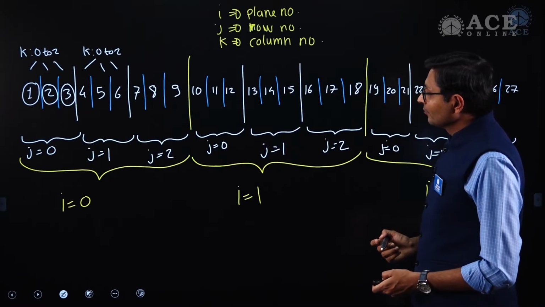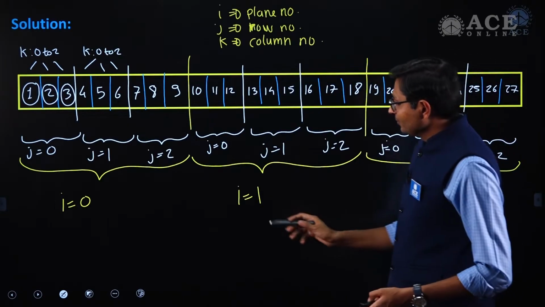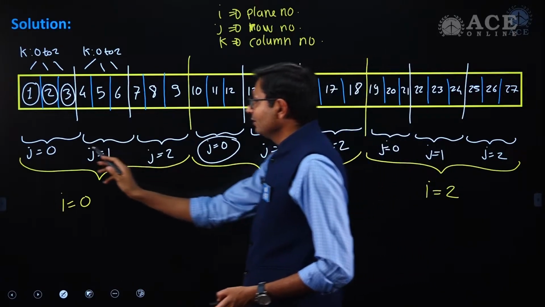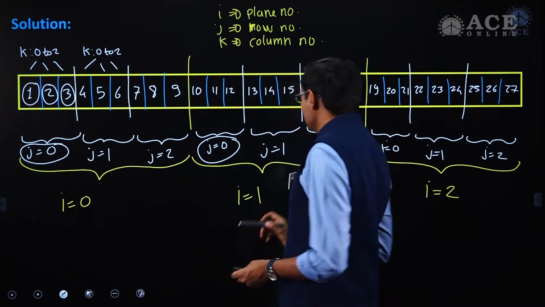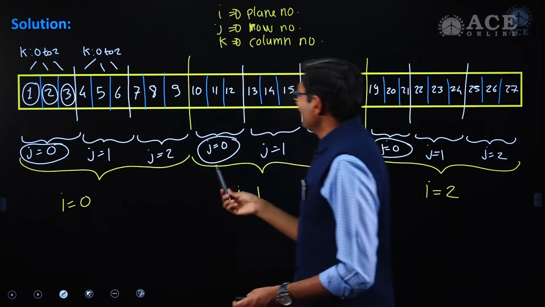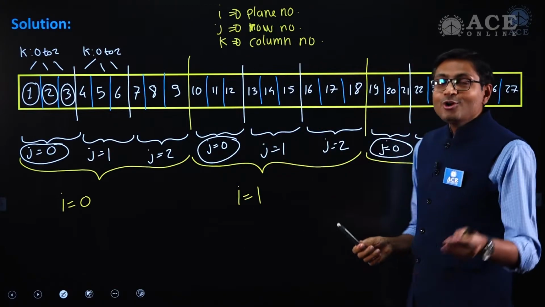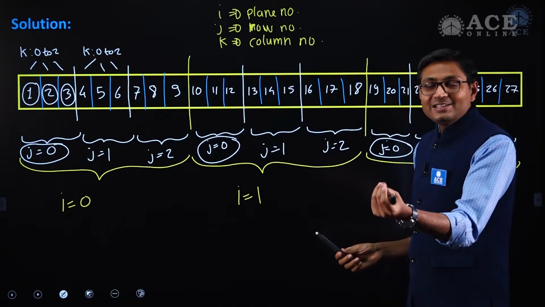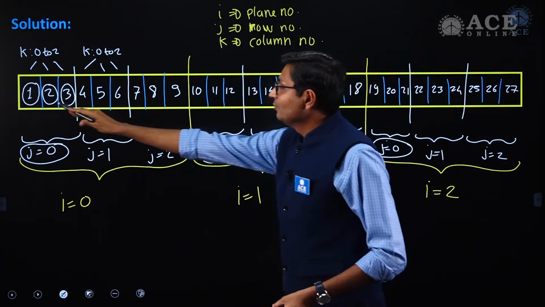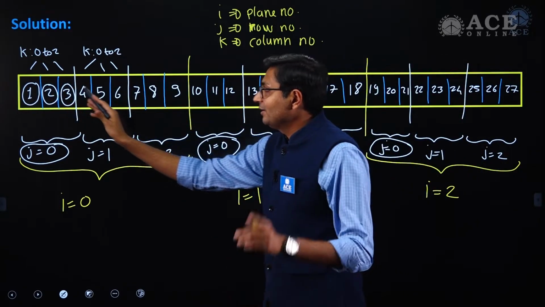So here 1, 0, the j value is constant. So that means only the first row we are going to print here. First row of all the planes. That is our answer, isn't it? So what is our answer? 1, 2, 3, the first row.